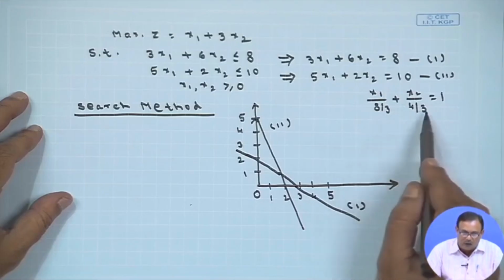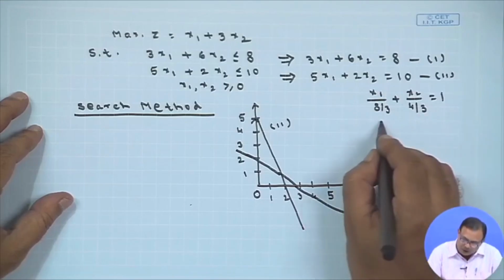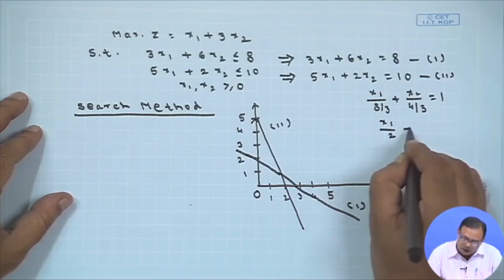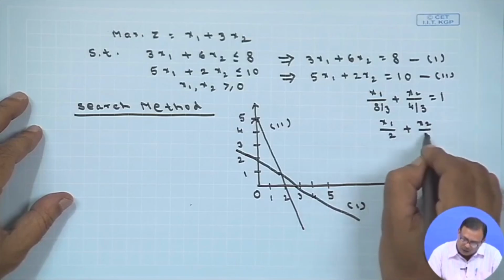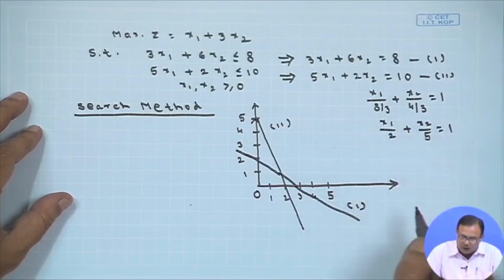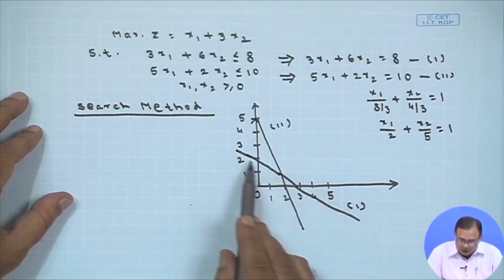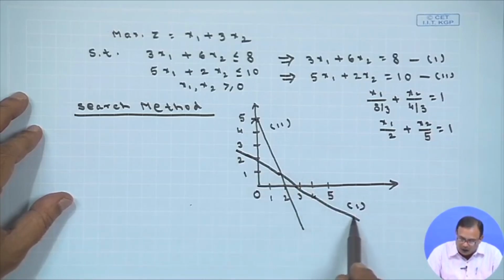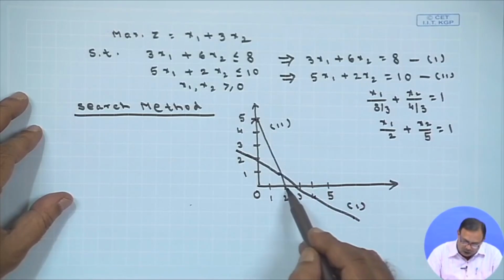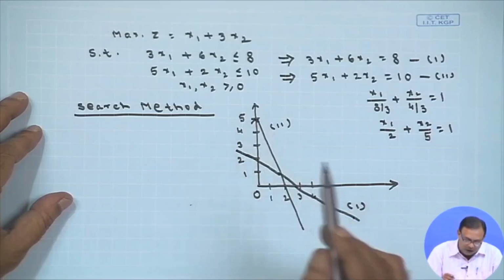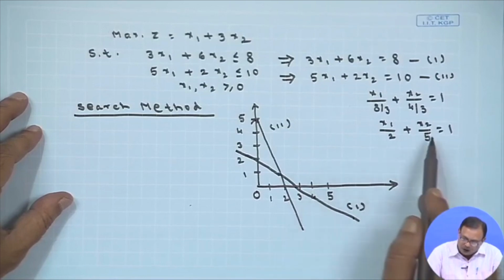The second one we can write in standard intercept format as x1 by 2 plus x2 by 5 equals 1. From there we draw two lines, this is line 1 and this one is line 2. Line 2 goes from (2, 0) and intercepts at (0, 5).